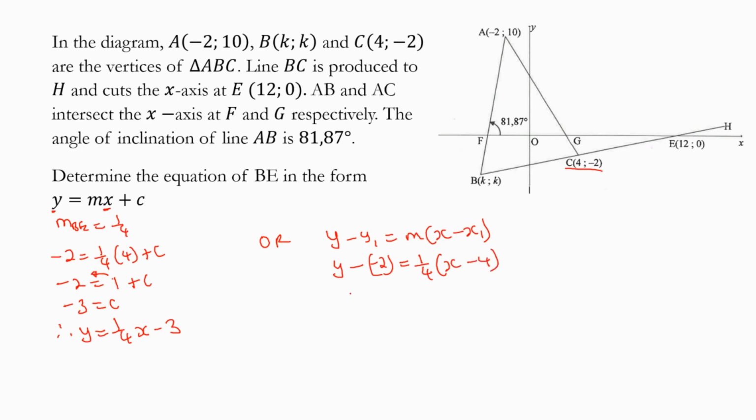Then y plus 2 is equal to, we distribute 1 over 4, it becomes 1 over 4 x, and 1 over 4 times negative 4 is negative 1. Then we transpose positive 2 to the right, it becomes negative 2. So y is equal to 1 over 4 x minus 3. So that's what you could have done to find the equation of the line segment BE.